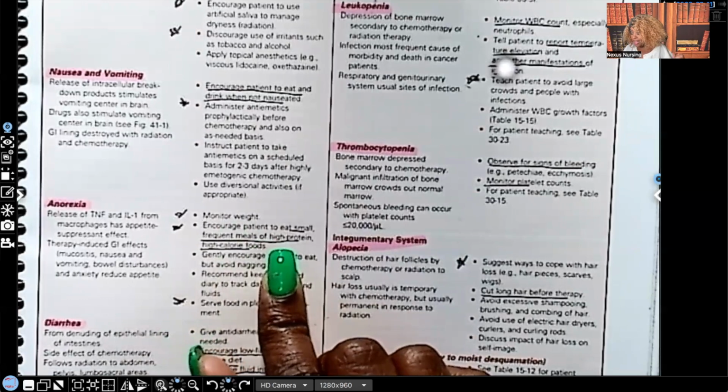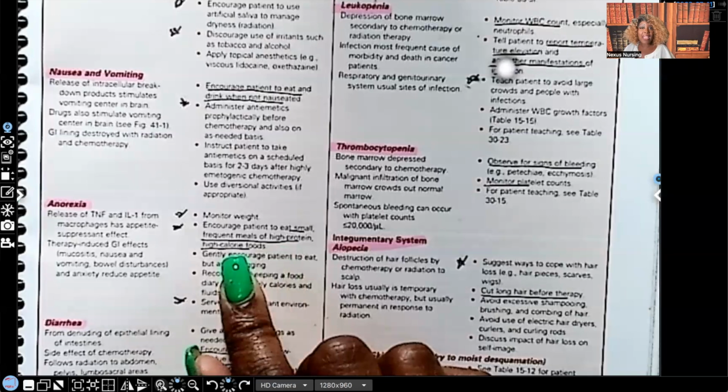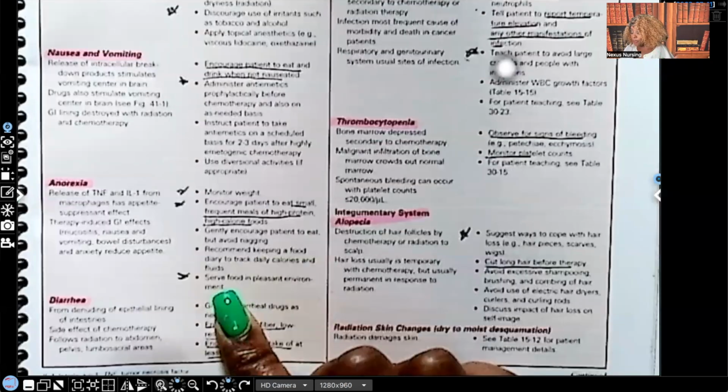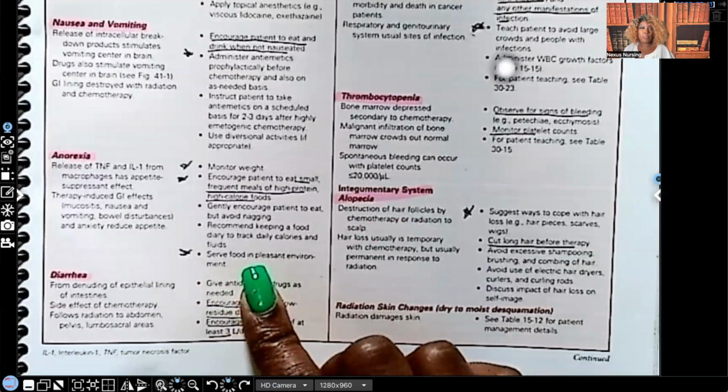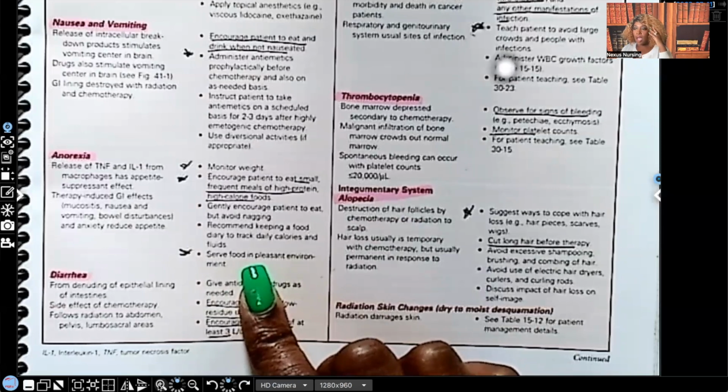We're going to ask them to eat high protein and high calorie foods because this patient doesn't want to eat, so the little bit that they do eat, we want to be of high calorie value. Serve food in a pleasant environment. Why would you put a plate of food for your patient right next to the emesis basin? There might be some sputum in there or something, right? So make sure it's a pleasant environment so that the patient will want to eat.